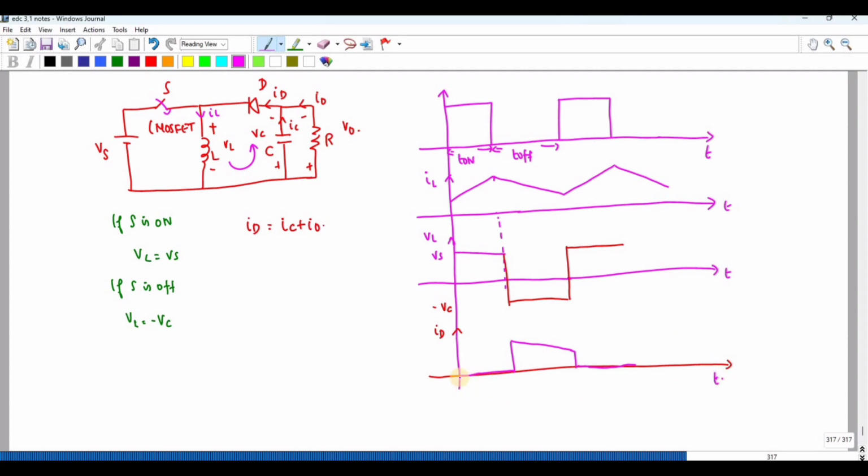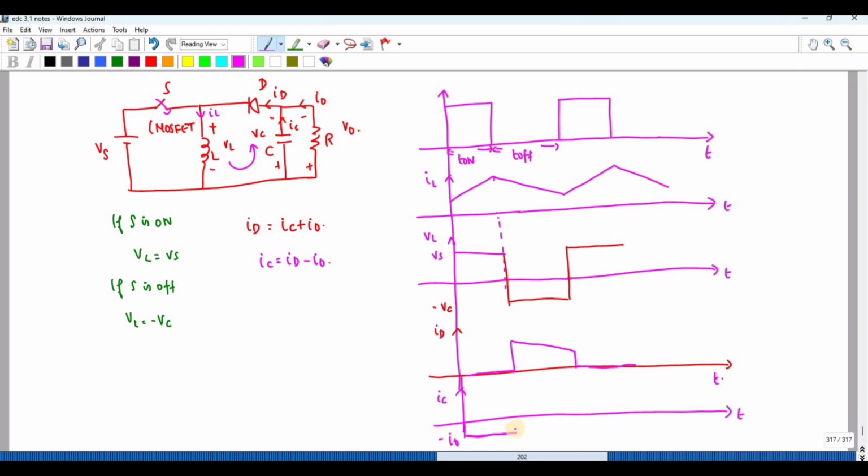Now I can draw IC. I can write IC is equal to ID minus I naught. ID is 0 for T on, so IC is equal to minus I naught. When the switch is off, IC is ID minus I naught.